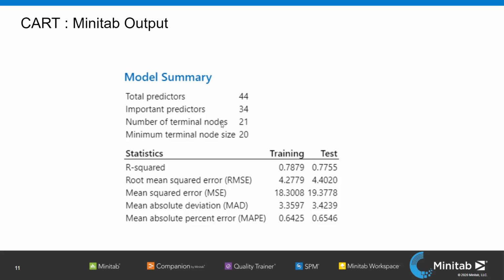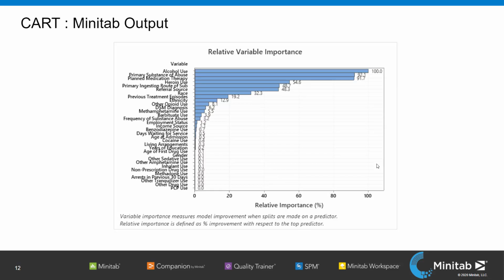This is the summary for the terminal nodes when it is 21, but we have selected the tree with 17 terminal nodes because the R square value is almost similar. And this is the relative variable importance chart. There are a lot of other outputs, but looking at the time, there is a lot more in CART which I wanted to tell you.